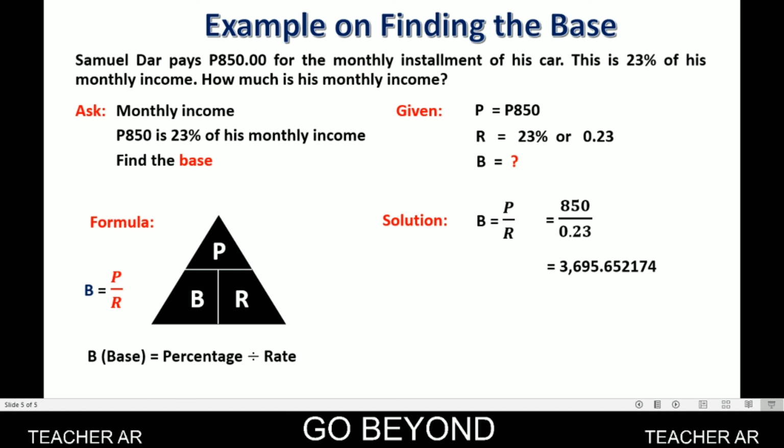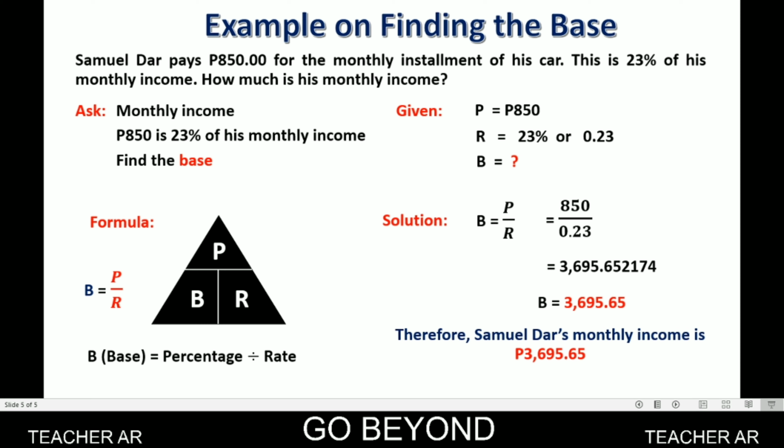and 0.652174. Since we are talking about money matter, we have to convert it only until 2 decimal places. So our final answer, the base is 3,695 pesos and 65 centavos. In other words, therefore, Samuel Dar's monthly income is 3,695 pesos and 65 centavos.